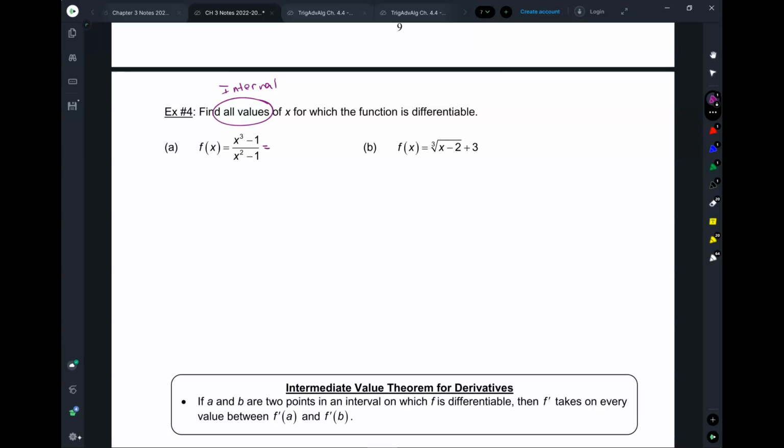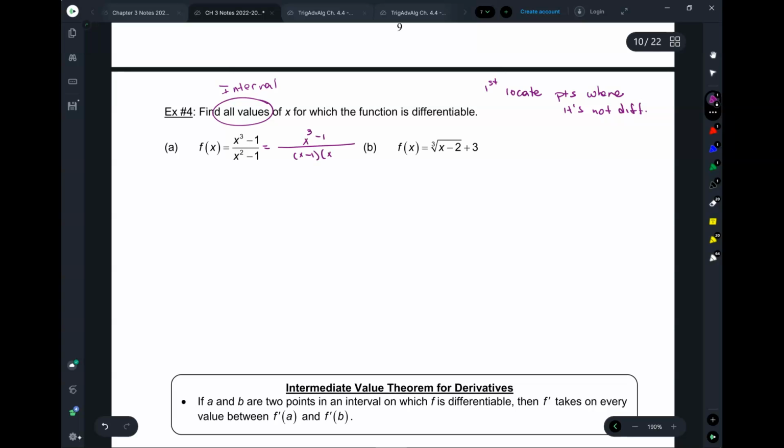So it's easier to first locate the points where it's not differentiable. I always start with, is there a discontinuity? And with rational functions, there is always a discontinuity. So let's factor this. Okay.